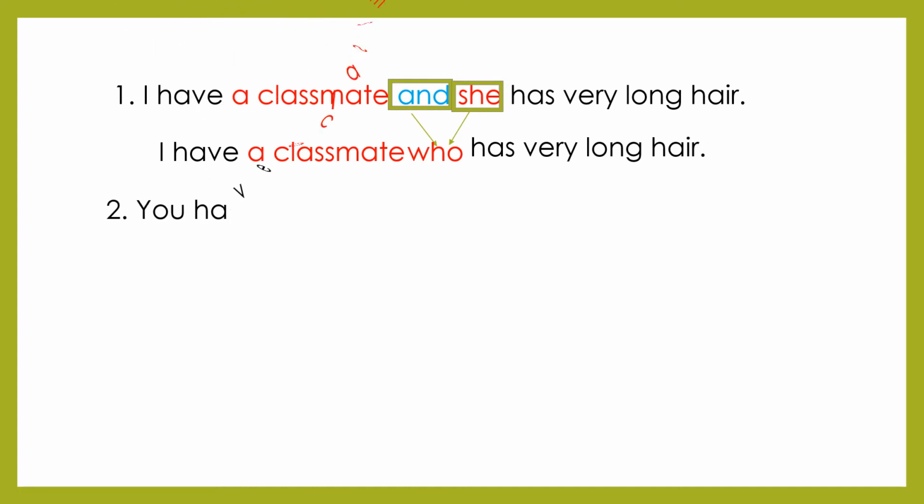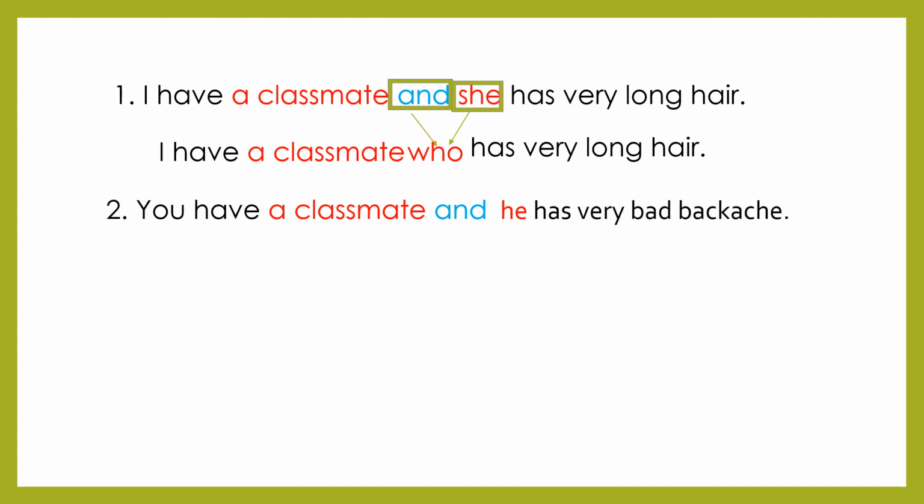Second example. You have a classmate and he has very bad backache. So in this sentence, our classmate and he is the same person, so we don't have to repeat he.